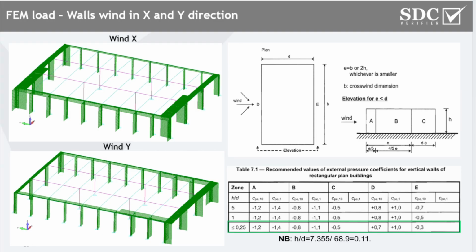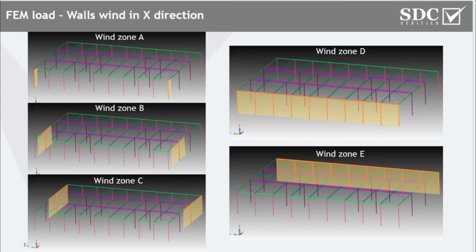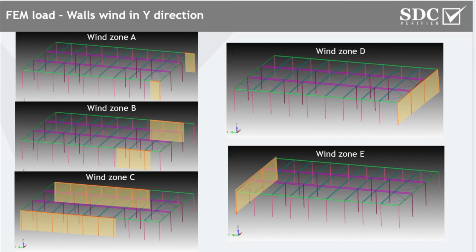And for better representation, we can see the pictures which show the wind for the front side, the wind from the back wall, and also the wind for the side walls. We did that for both directions, the x and y directions. So that's pretty much the same approach for how to apply the wind load for the steel structure.